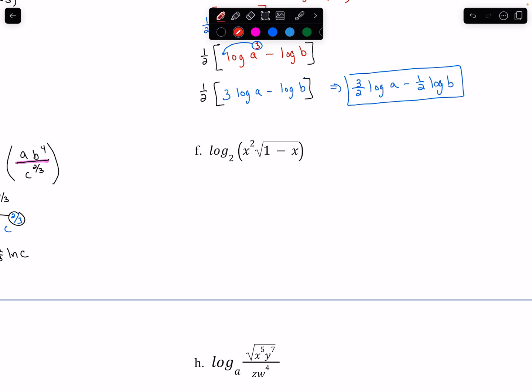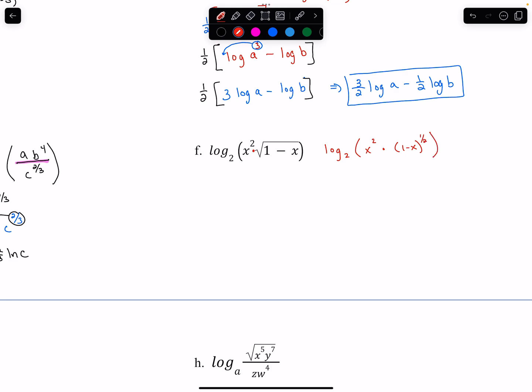Here we go. So I got log base 2 of x squared times the square root of 1 minus x. So again, my first step here, I'm going to rewrite this as log base 2, and I got x squared times 1 minus x, and this is really to the 1/2 power.